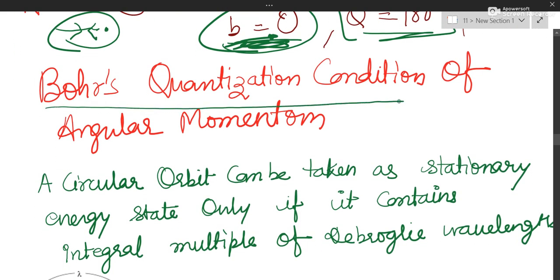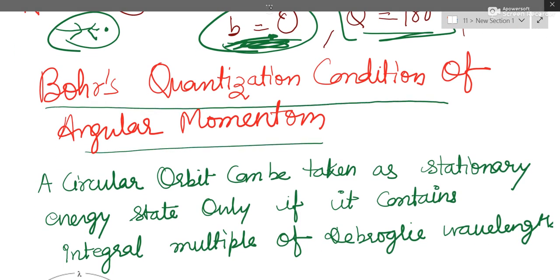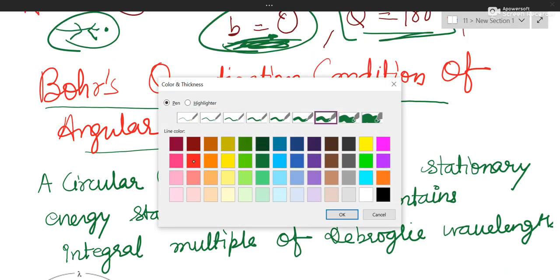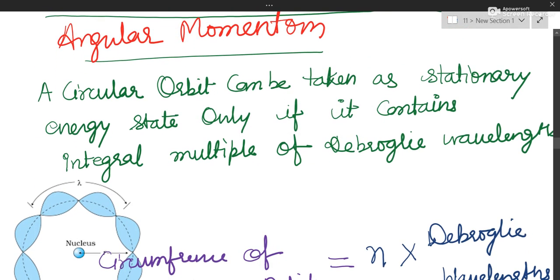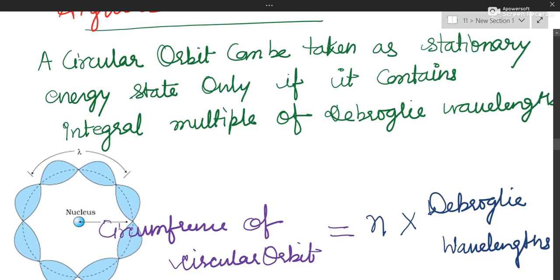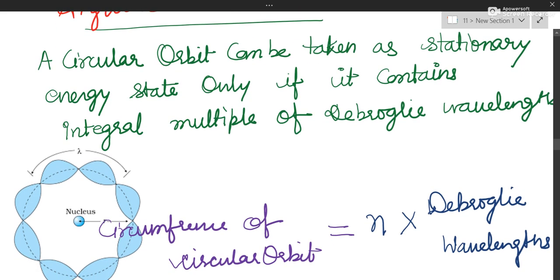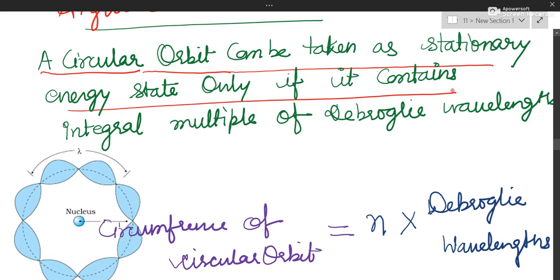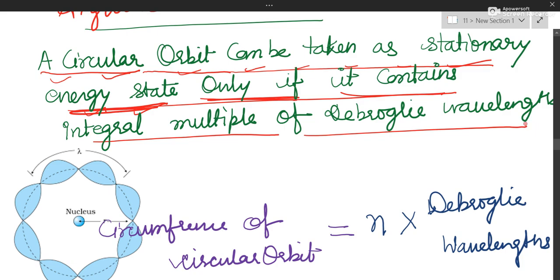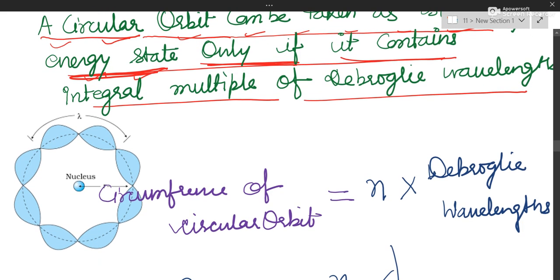Then we have the next topic, Bohr's quantization condition of angular momentum. Angular momentum is denoted by L, that we have done in class 11th. Now what is it according to Bohr's quantization condition? The basic statement that we start with is that a circular orbit can be taken as a stationary orbit, a fixed orbit, only if it contains an integral multiple of de Broglie wavelength.